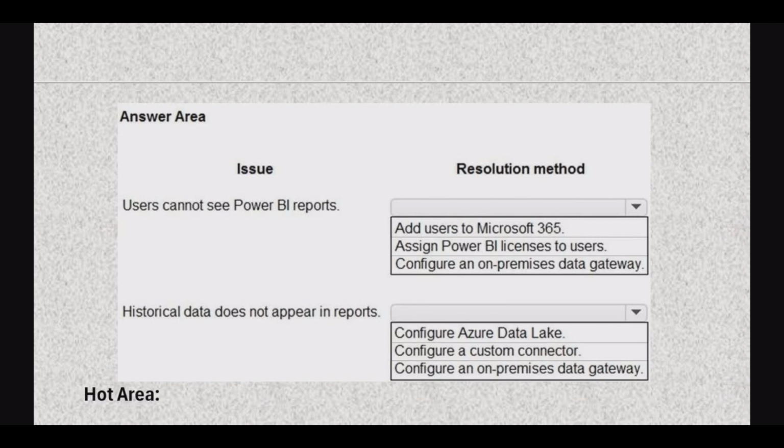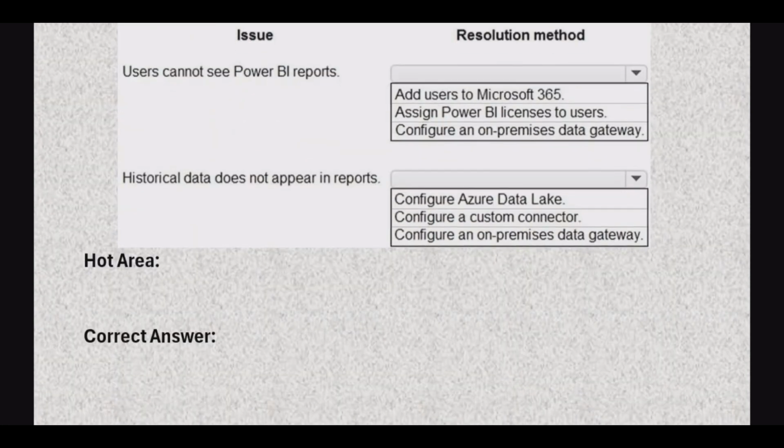The second issue is historical data does not appear in reports. The resolution method is configure Azure Data Lake, which is option first. The second option is configure a custom connector. And the third option is configure an on-premise data gateway.